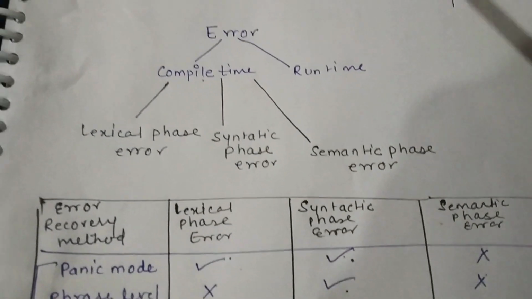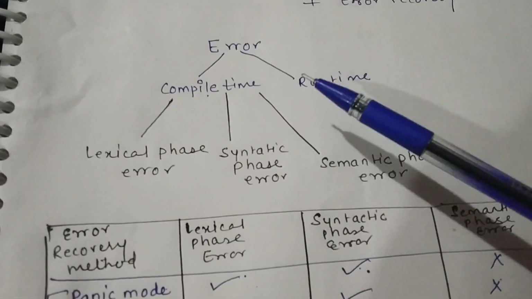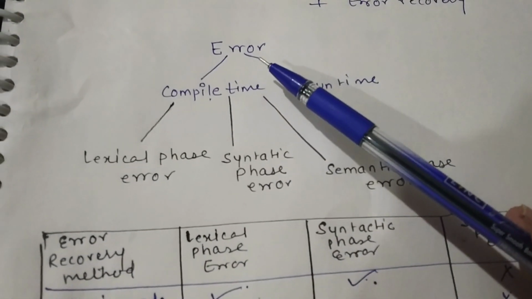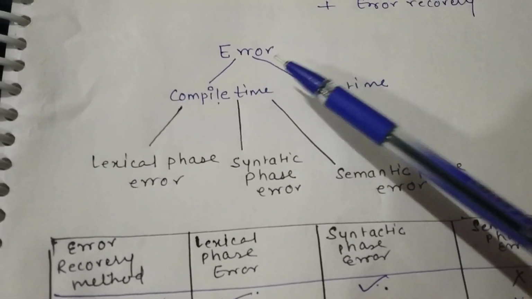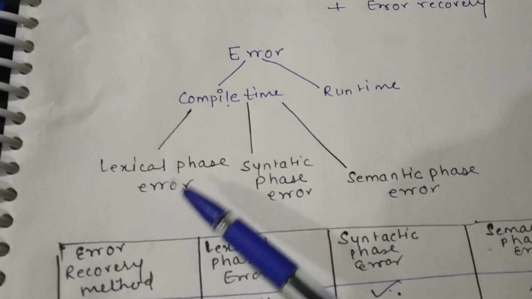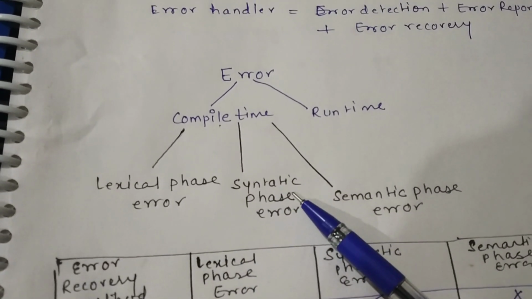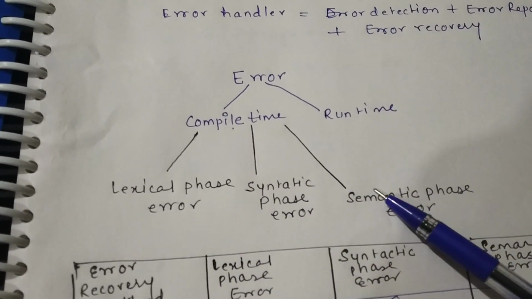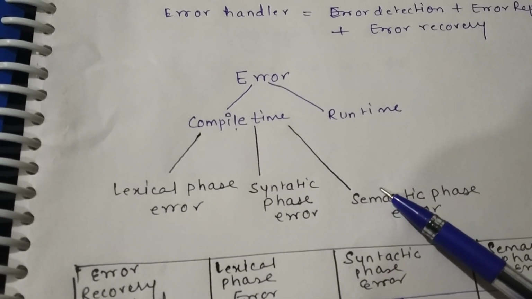Now we talk about the error. Error can be generated at compile time or runtime. At compile time, the major errors are generated in the lexical analysis phase, syntax analysis phase, and semantic analysis phase.